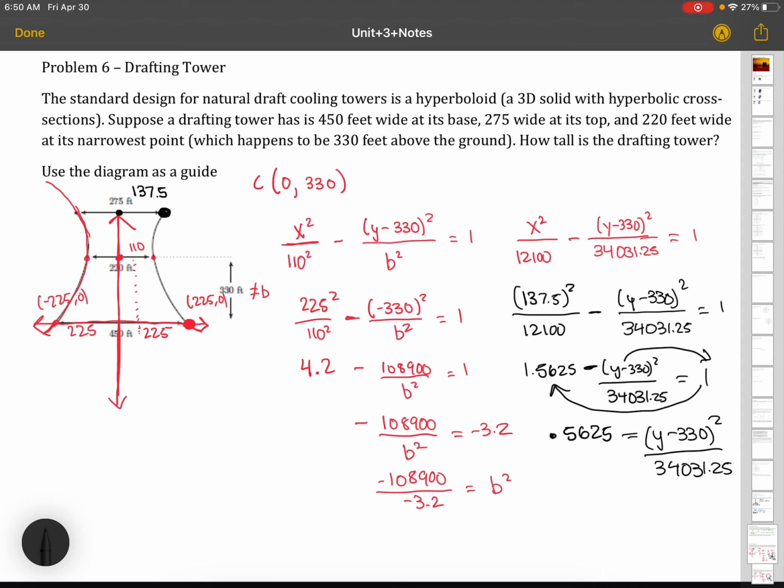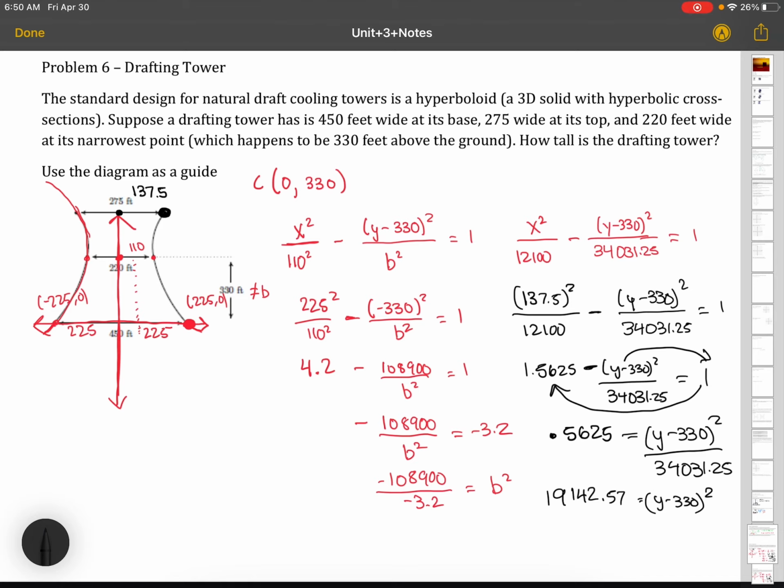So now we're going to multiply by the denominator. 0.5625 times 34,031.25, I get 19,142.57, equals y minus 330 squared. So you would take the square root of both sides.